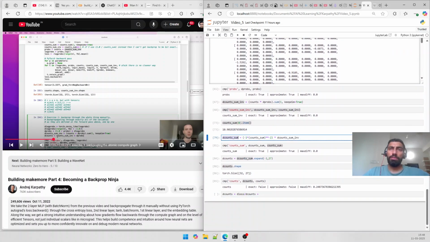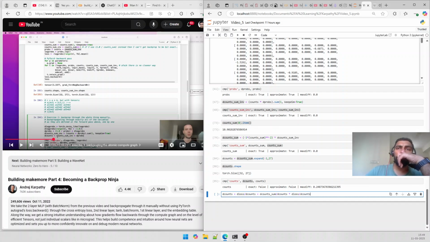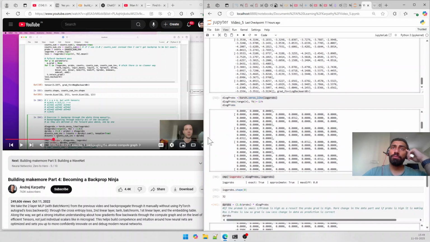So decount sum by decounts into d loss by decounts. I keep getting confused between these two.